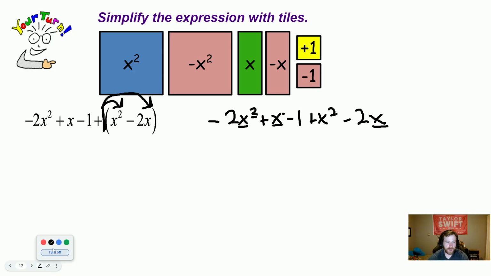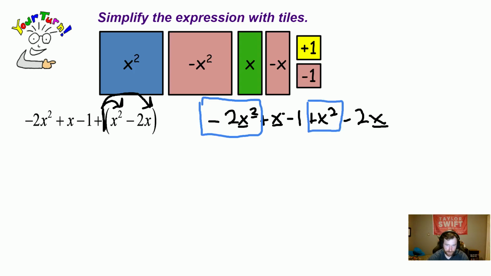I'm going to use blue for my x squared, and I'm going to put a square around them. Remember, super important that you capture the sign that it has in front of that term. So this is plus x squared, this is minus 2x squared. That is going to combine to make negative 1x squared.